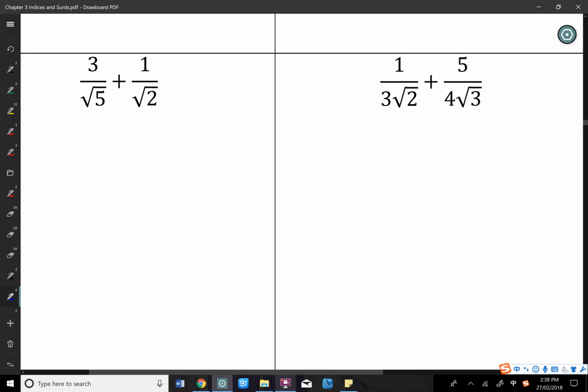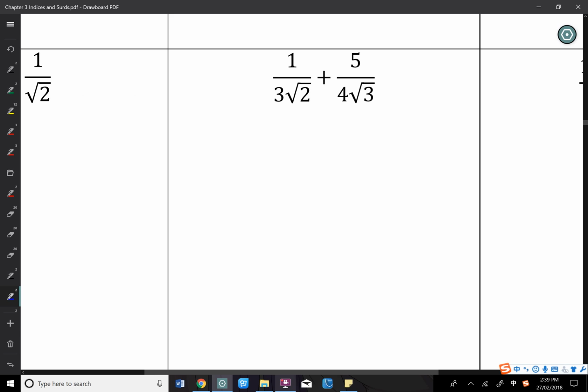Okay, let's have a look at that one. Let's do a complex one, like the middle one here. When you have two fractions and they don't have rationalized denominators yet, we need to make the denominators rationalized first, then make the same denominator, and then add. So let's do it step by step.